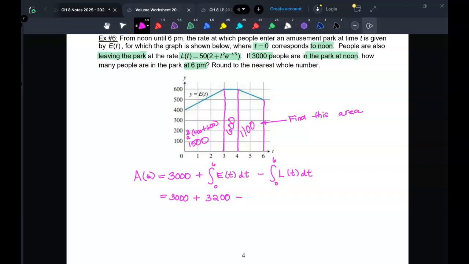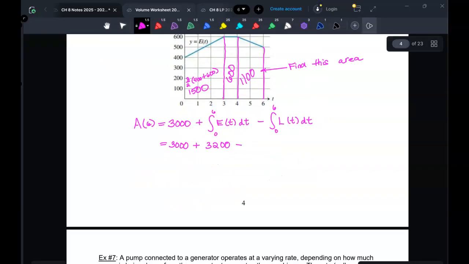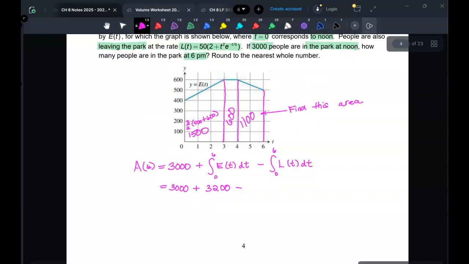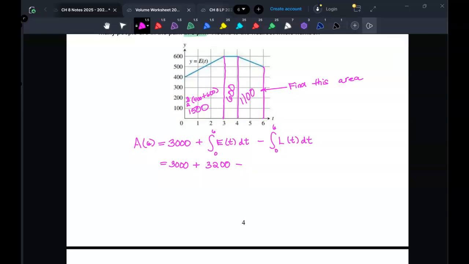We got 2,106. Is that to 3 decimal places? I guess it's to the whole number, so it's 2,106. Okay, so what do we get for the final?